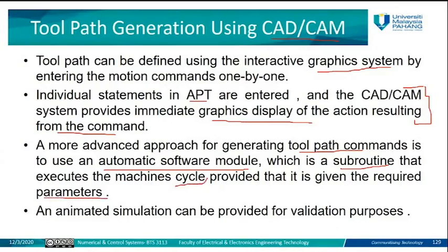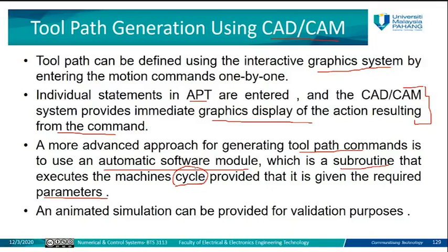to provide the required parameters for each cycle. As we said previously, when we talked about manual programming, there are canned cycles which can be used repeatedly, or used directly in just one line of code. Like when we say G81, this performs drilling.